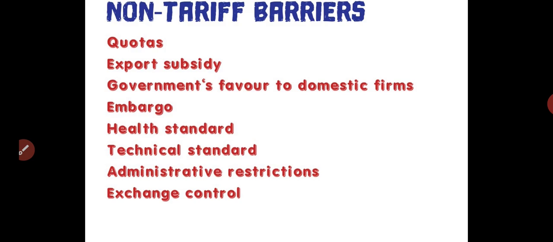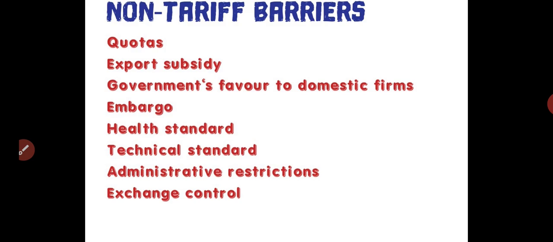Another one is technical standard requirement. Government or the authority may demand that some requirements on technical grounds be fulfilled. The commodities need to fulfill the technical standard requirements.